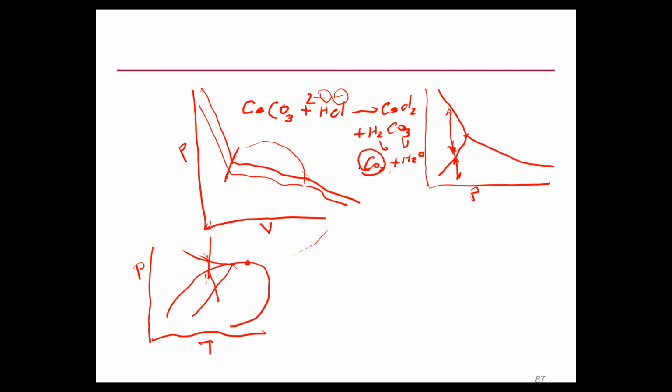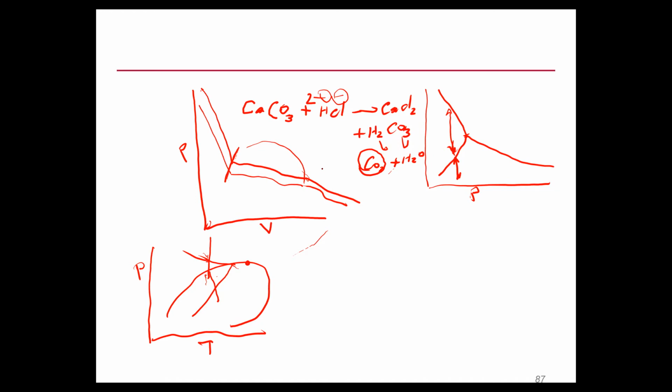CO2 will dissolve in the oil, and when it dissolves in the oil, it will increase the distance between resin and asphaltene, therefore asphaltene can deposit. So acid job can result in asphaltene deposition.